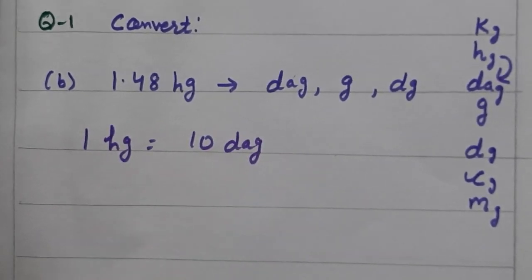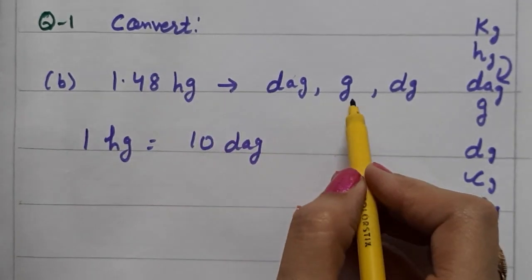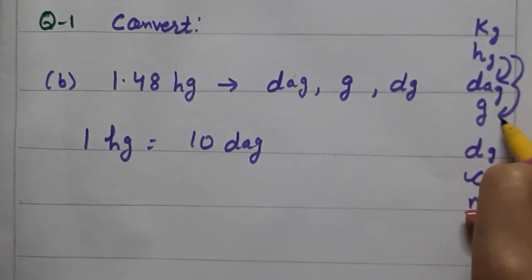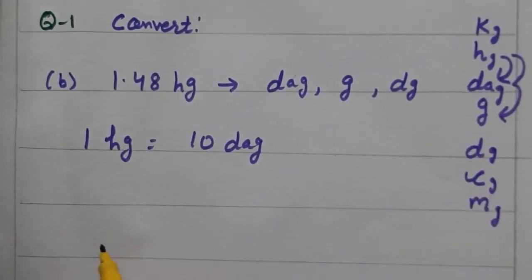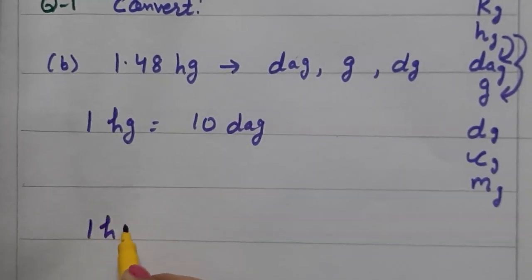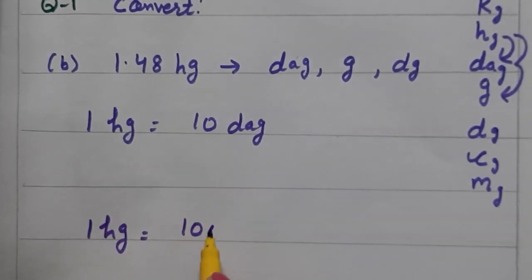Right? Hectogram to gram, 2 steps down. So write down 1 hectogram is equal to 100 gram.